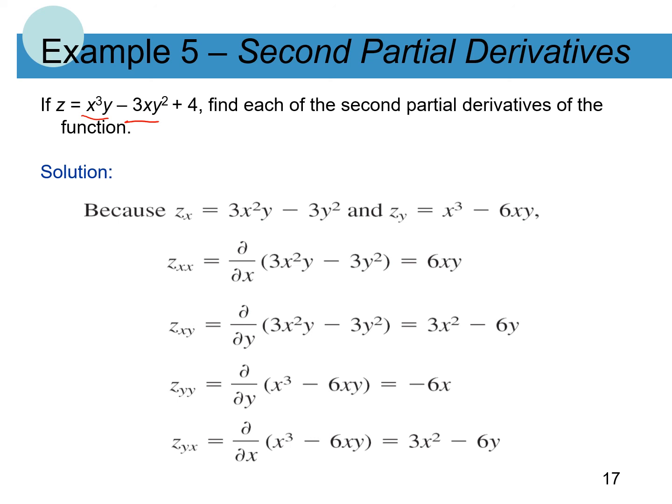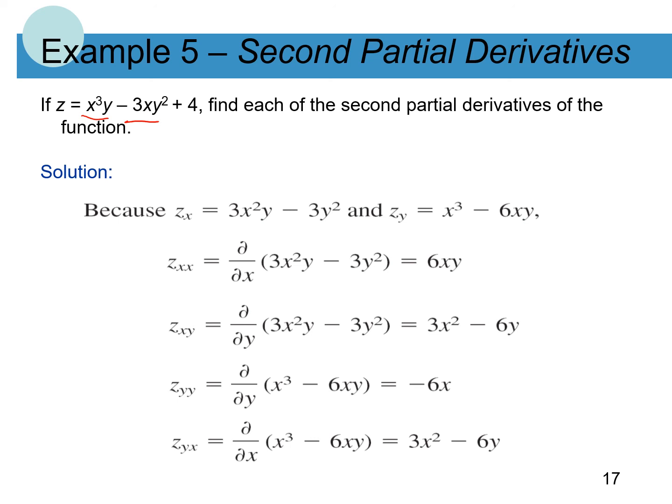Then the derivative of negative 3xy squared is equal to negative 3y squared. Meanwhile, for the first derivative of z with respect to y, we also derive the first term and the second term. Therefore, we have x cubed minus 6xy.